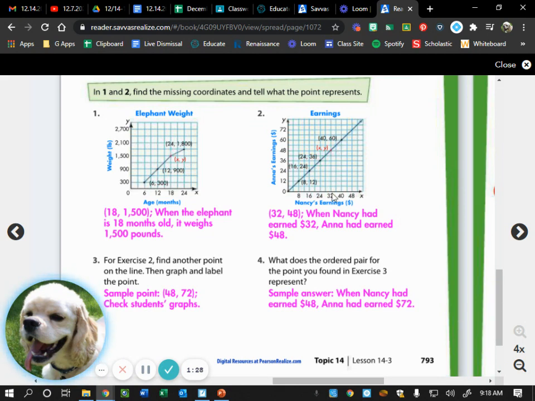Now you also could have chosen 4466, or any of the other points on the line that don't already have a point. And you should have labeled it with the ordered pairs. So you should have put a point on this line and labeled it with its ordered pair. So if you forgot to put the point or you forgot to put the ordered pair next to it, you would want to do that right now when you're correcting.